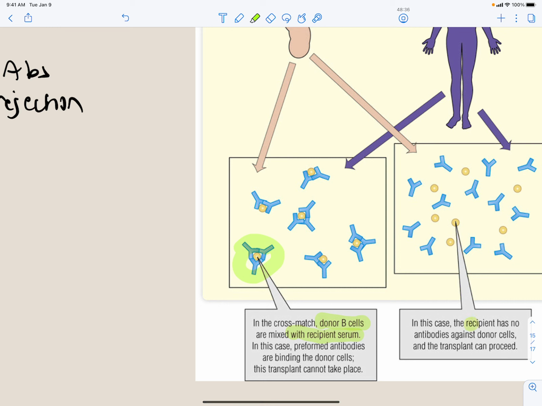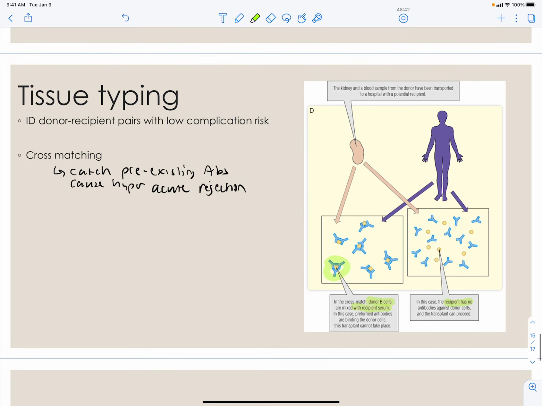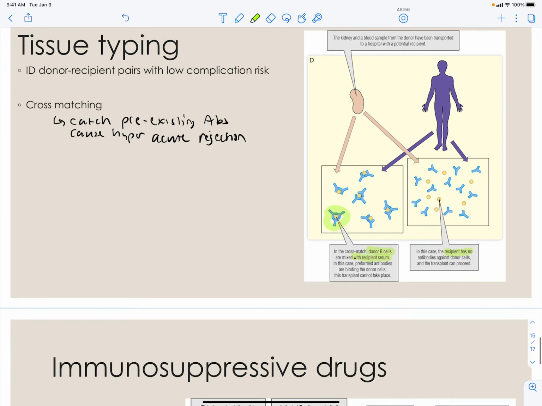In this case, the recipient has no antibodies against the donor cells, and the transplant will proceed. So you need both the typing and the cross-matching to pass in order for the solid organ to be transplanted into the recipient.